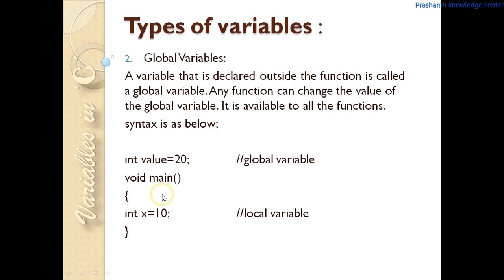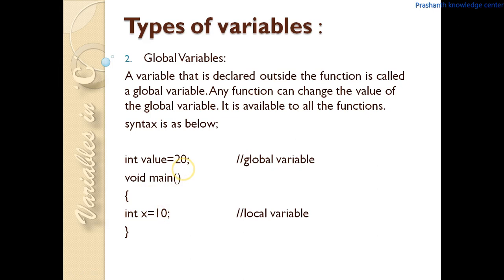And next, global variable. Global variable means that it is declared outside the function. Here we have declared int value equal to 20, meaning globally we have declared outside the function, whereas this is the local variable, declared inside the function. This global variable can be called in all the functions in that program.